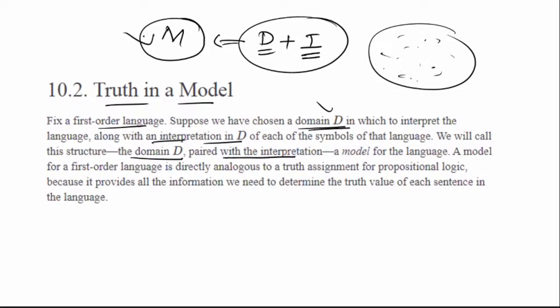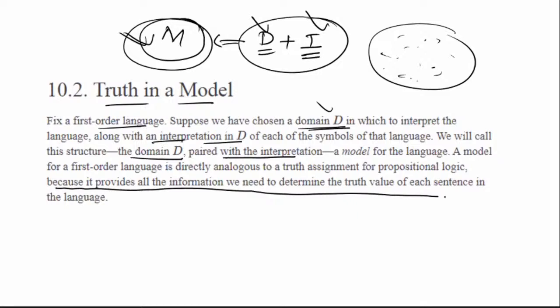Now this environment will be called a model if our formula is true in this environment. If for this domain and this interpretation our formula is true, then we will say that this environment M is a model. So basically it provides all the information we need to determine the truth value of each sentence in our language.